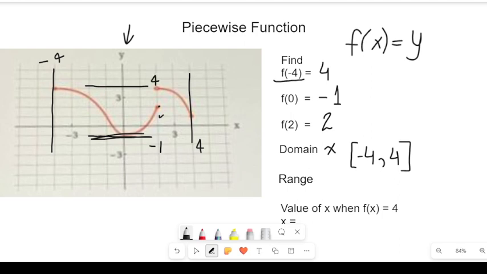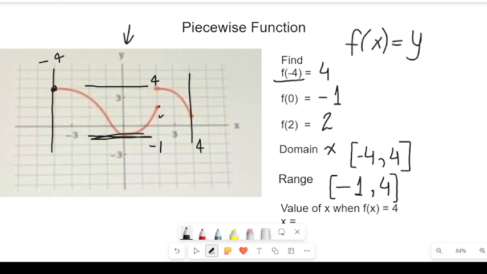So our range is square bracket, everything including -1 to 4. And because there is a colored in dot here, our y value can be 4 as well.